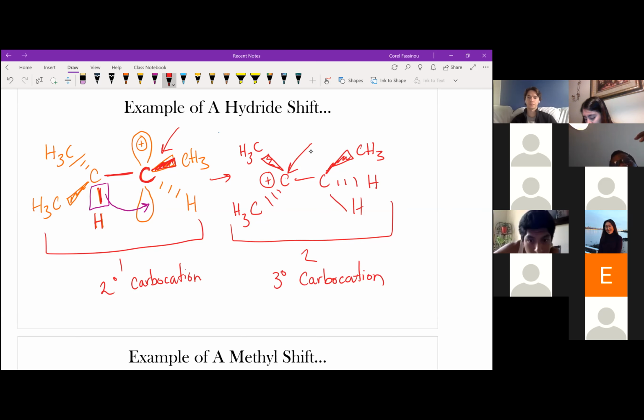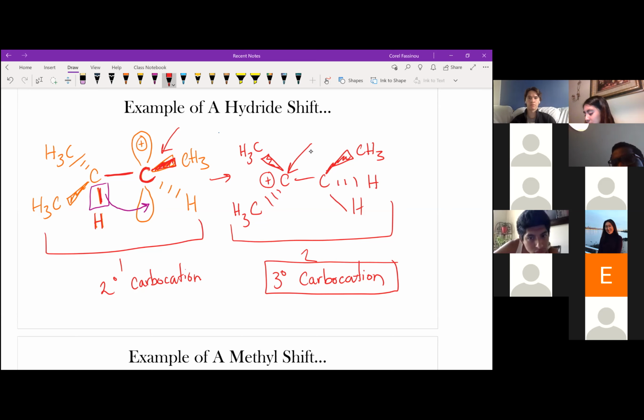And based on what Brendan was just talking about, we know that the tertiary carbocation is going to be the more stable carbocation. So by doing this hydride shift, we're able to turn one carbocation into another to make a more stable carbocation.